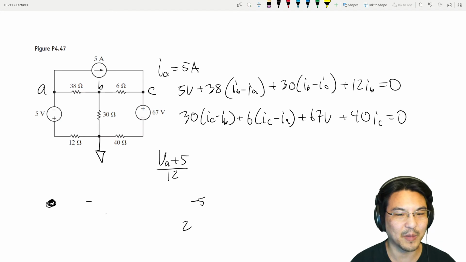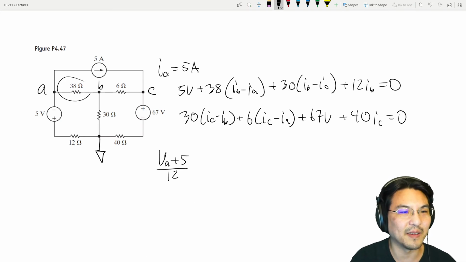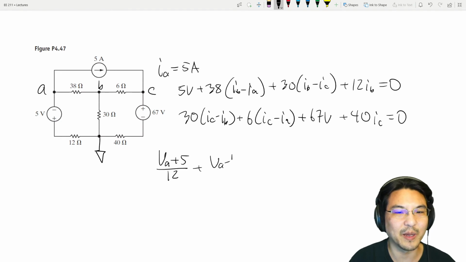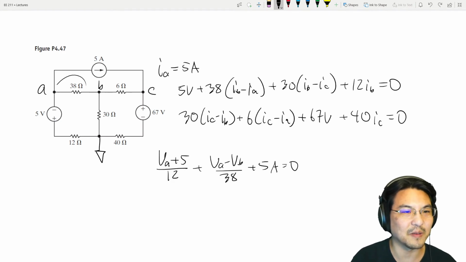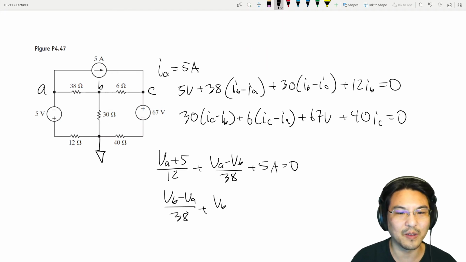Okay, so back to node A, KCL going this way, VA minus VB over 38, and then over here, plus 5. Okay, node B, let's go this way, VB minus VA over 38, let's go this way, VB over 30, and then this way, VB minus VC over 6.